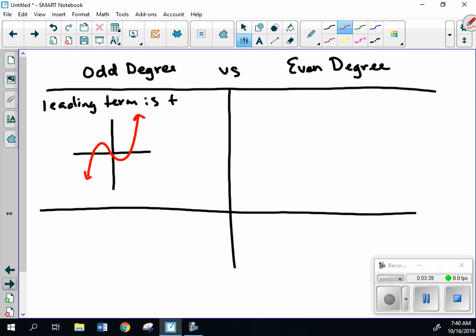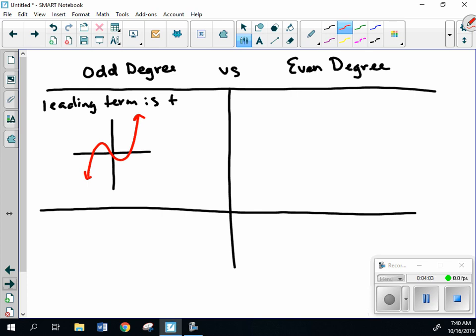Okay, it could be a little bit different. It could have more humps in that term. It could be a little bit more straightforward. If our leading term is positive, the end behavior is going to be, your arrows there are going in opposite directions.